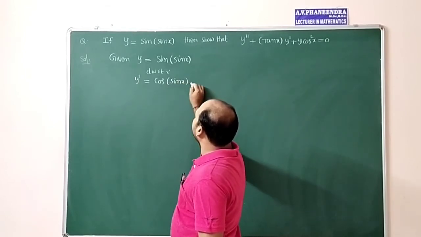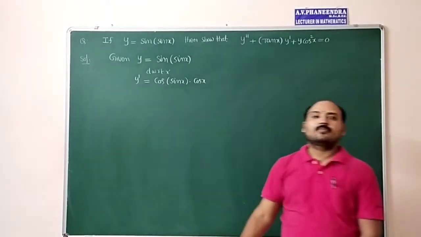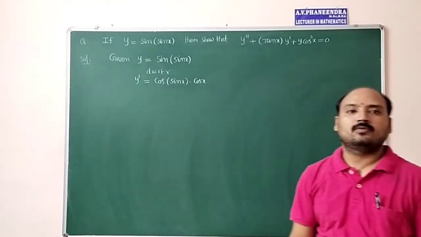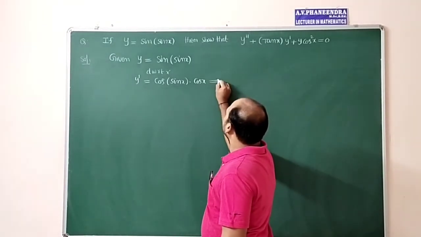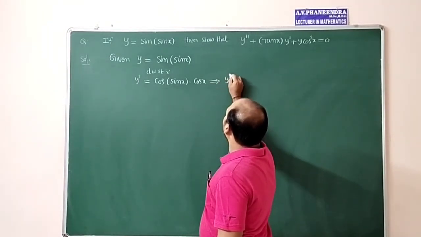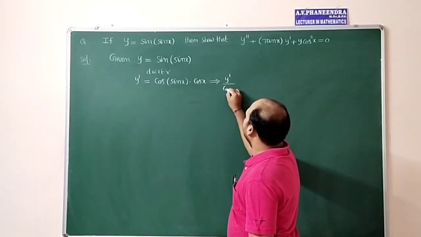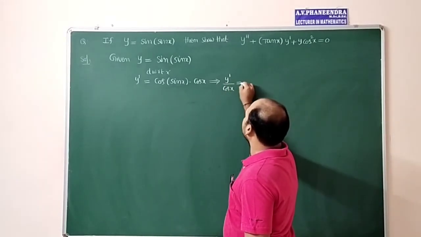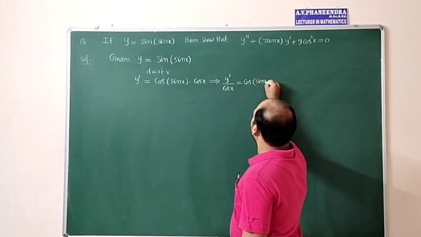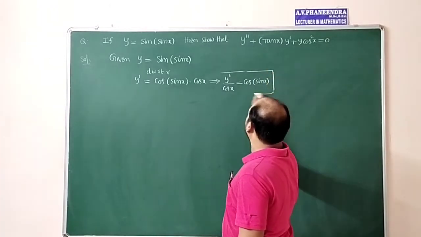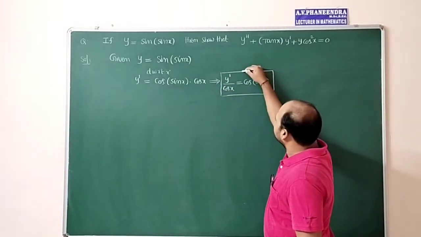Again sin x derivative is cos x. From this you can write y dash divided by cos x. Y dash by cos x is equal to cos of sin x. You keep in bracket. This result we will use in the coming steps.